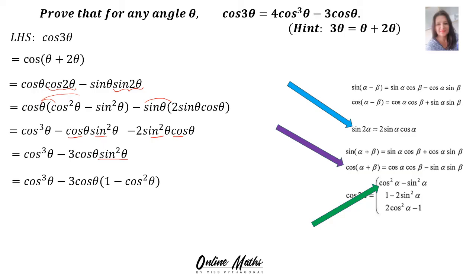And then I can multiply in the negative 3 cos theta, and I end with cos cubed theta minus 3 cos theta plus 3 cos cubed theta. And then I find like terms. There's 1 cos cubed theta plus 3 cos cubed theta, which is 4 cos cubed theta minus 3 cos theta. And that is what they wanted.